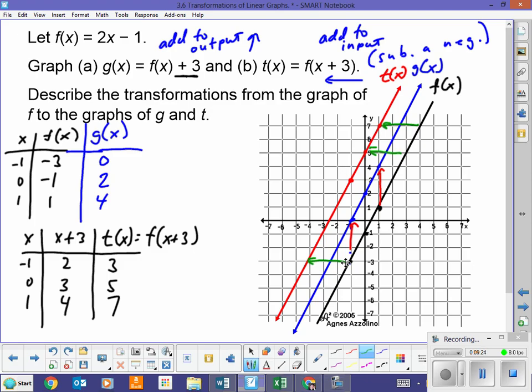Mathematically, it's going to work out the same, but just know that modifying, adding or subtracting, to the input is going to be a horizontal translation. Adding to the output, or subtracting, either way, is going to be a vertical translation up and down. Okay, there's our first one.